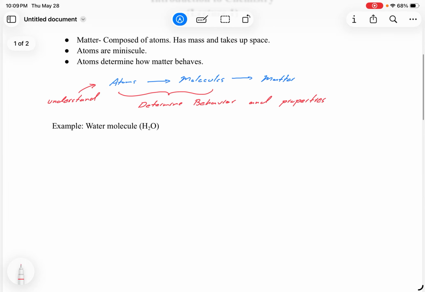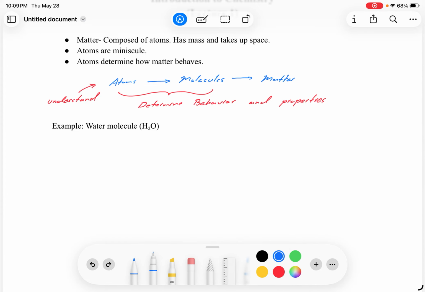Let's go ahead and see an example. Water molecule, we got the formula, which is H2O. Let us draw a water molecule. Since we were talking about atoms and molecules, a water molecule has 3 atoms, right? We got the 2 hydrogens, and we have the oxygen.